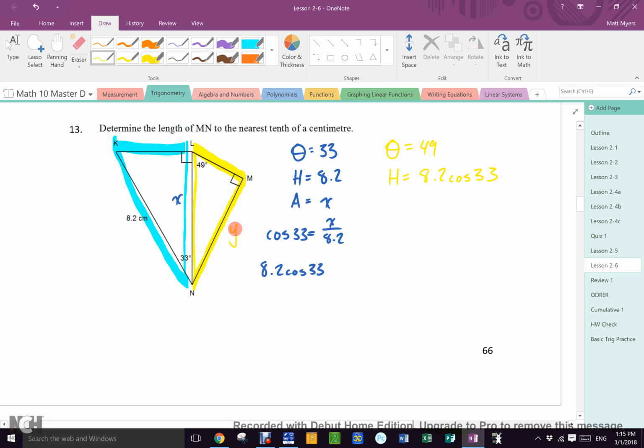What is y? Adjacent. Opposite. Now, what uses O and H? Sine 49 is O, y over h. 8.2 cos 33 on the bottom. So what do I do? Multiply 8.2 cos 33 times sine 49. And I can get it all in one shot.